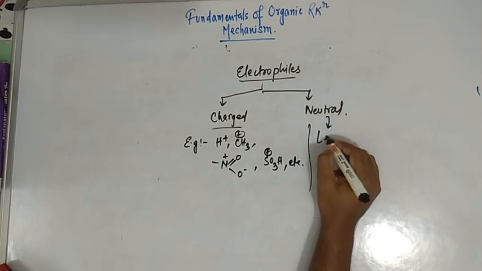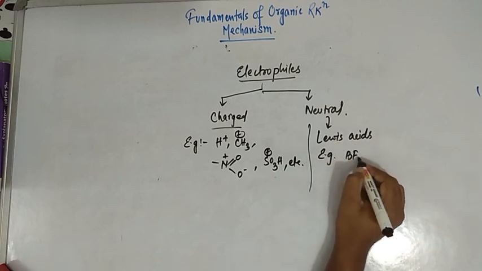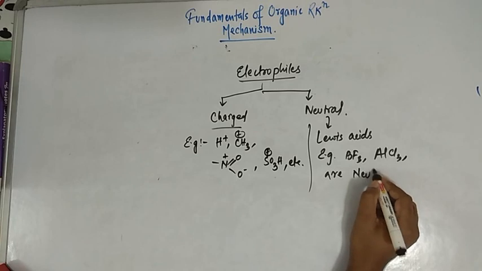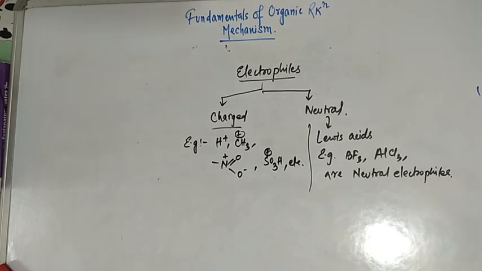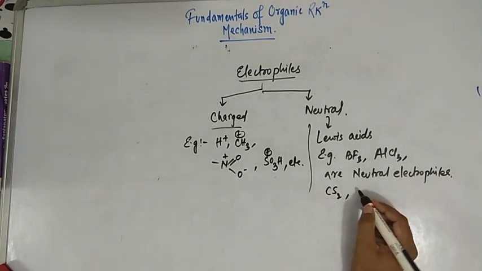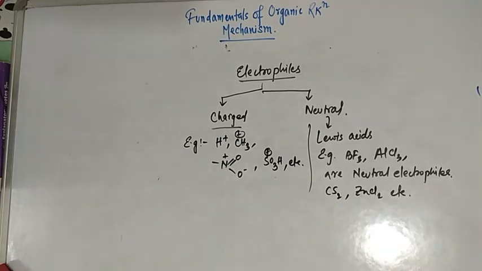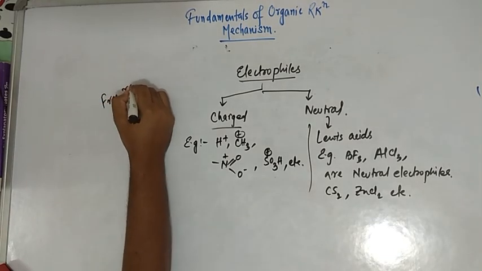Generally, Lewis acids, for example BF3 and AlCl3, are neutral electrophiles. Some other examples of neutral electrophiles are CS2, zinc chloride, etc. Apart from charged and neutral electrophiles, some other species also behave as electrophiles. Those are free radicals.